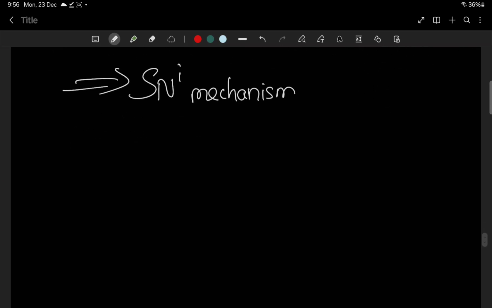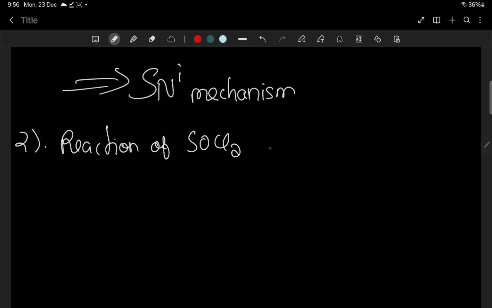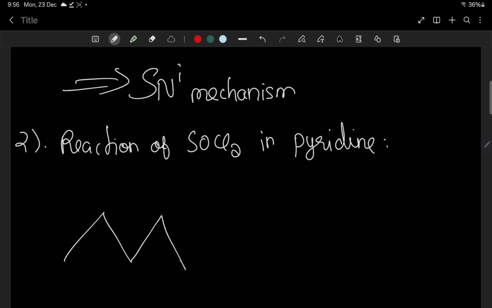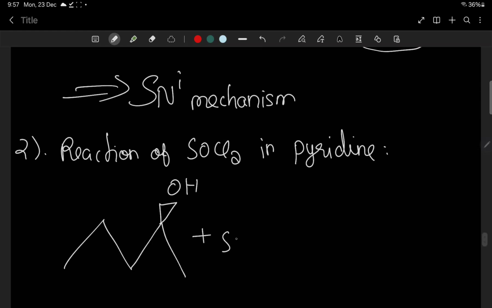But if you are using SOCl2 in pyridine medium, what happens? We are going to see the same here. We have ROH plus SOCl2.